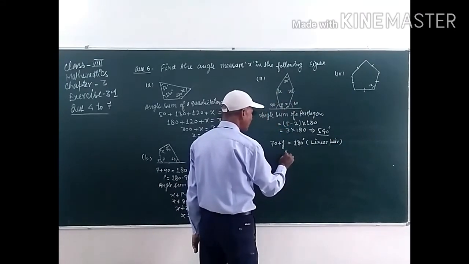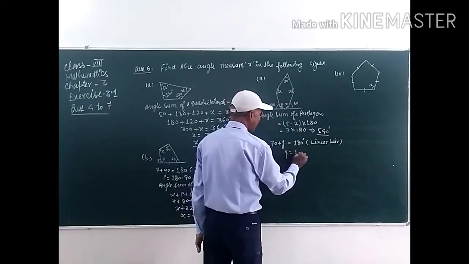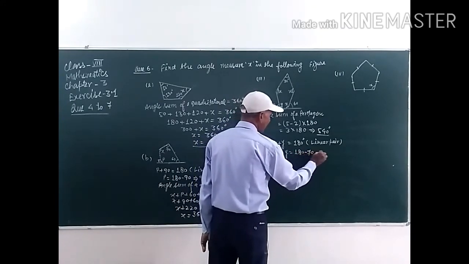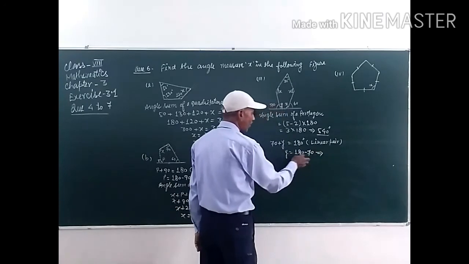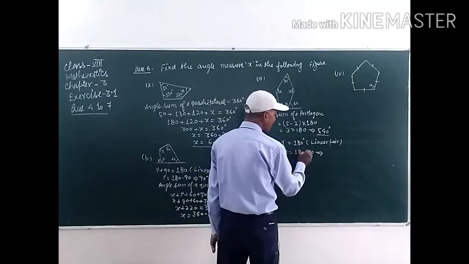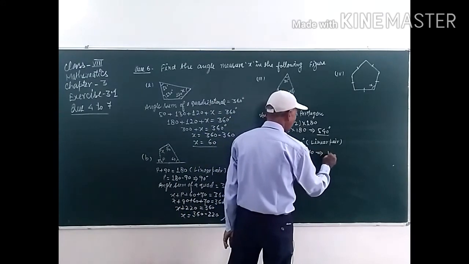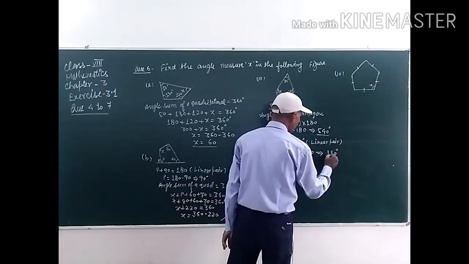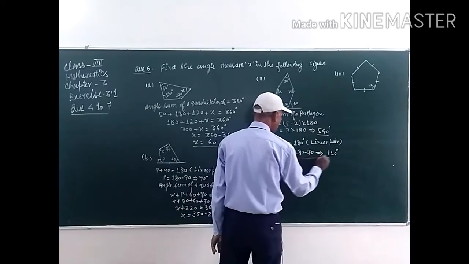So y is equal to 180 minus 70, that is 110 degrees. So this is the value of y.